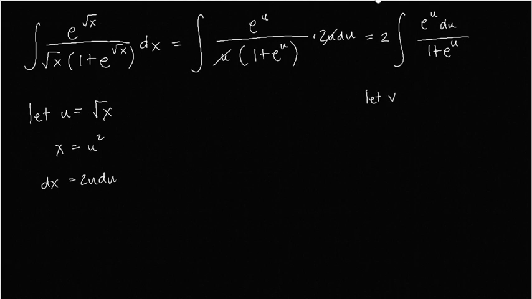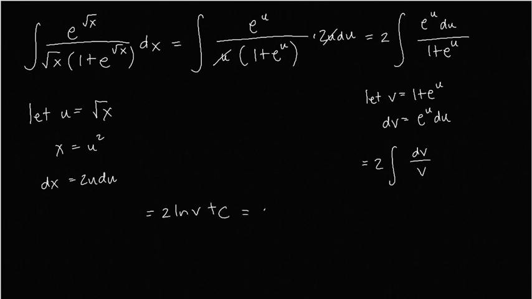So we will let v, for example, equal to 1 plus e raised to u, so that dv is equal to e raised to u du. So if we put it here, we have 2 integral of dv over v, which is now equal to, what? Let us put it here, 2 ln of v plus c.